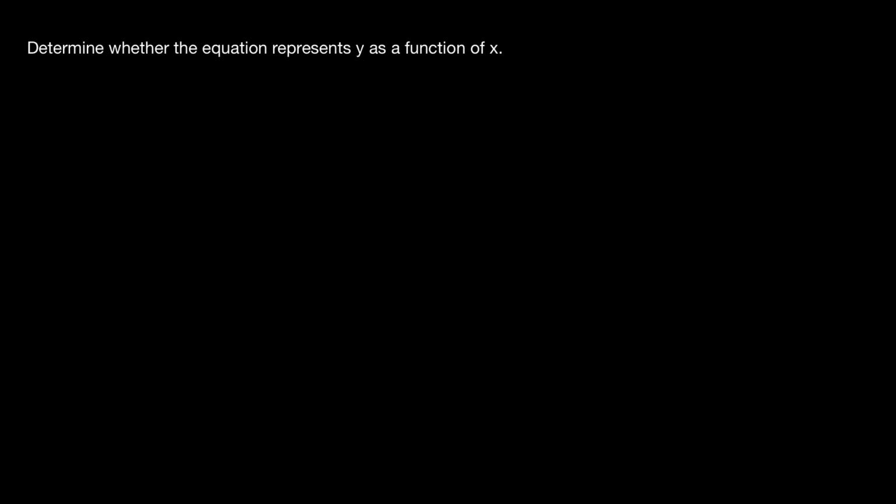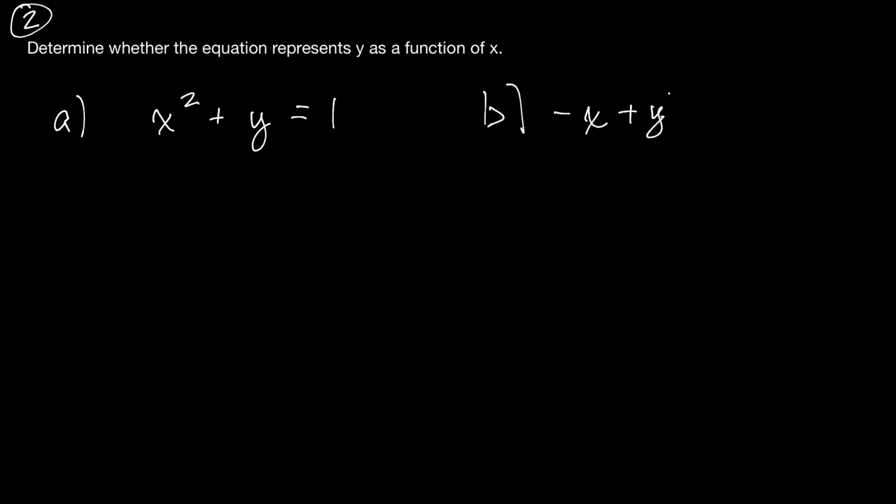Okay, so this is example 2, still on page 17 in your textbook. It says to determine whether the equation represents y as a function of x. So we'll look at them separately. A is given as x squared plus y equals 1, and B is given as -x plus y squared is equal to 1.